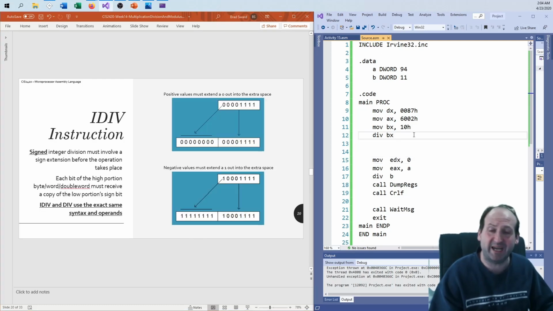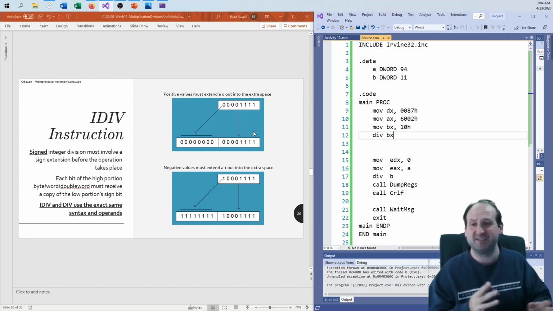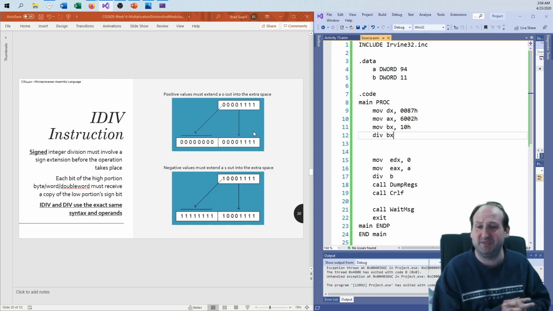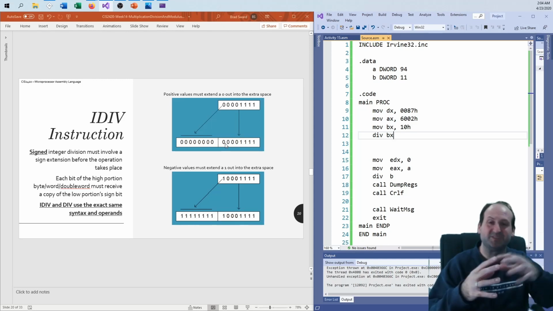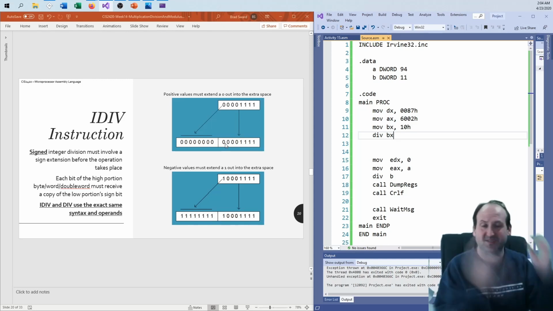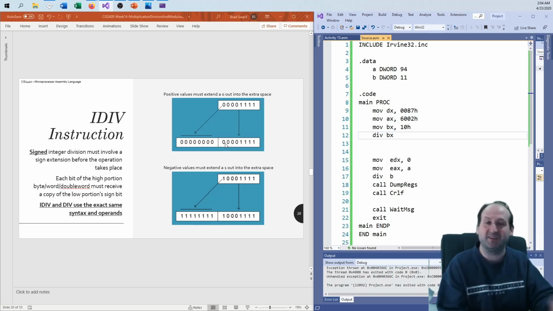Okay, so now idiv. div again was unsigned, so idiv is signed. This is the one where things get a little tricky. Everything we did with unsigned didn't require any of this extra stuff. Just like before, I had to use the DX register, and I just threw a 0 in there because I'm dealing with unsigned values, so I'm zeroing it out and keeping it positive.